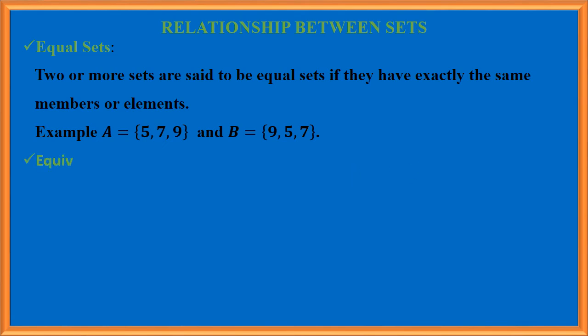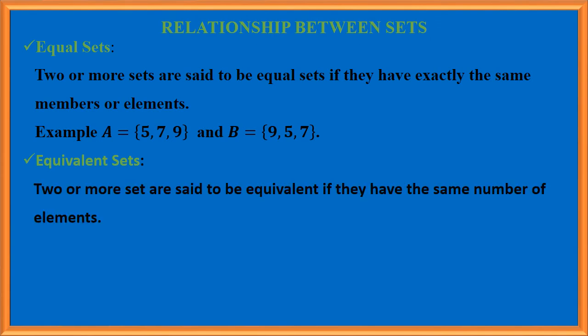Then we also have equivalent sets. Two or more sets are said to be equivalent if they have the same number of elements. Example, if you have set P equal to {2, 3, 4, 5} and set Q equal to {A, B, C, D}, see that this has 1, 2, 3, 4 elements.